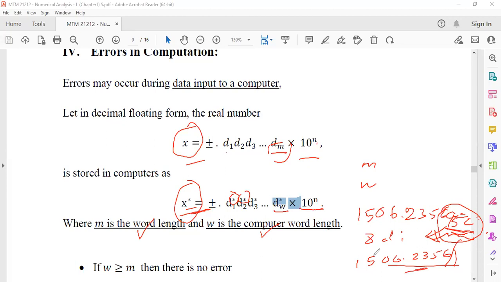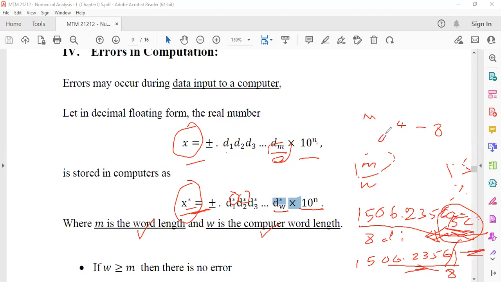That's why here w and m, m is up to m. For example, let's say 15 digits, but the computer has only 8 digits, so 7 digits are remaining. Maybe sometimes m may be, for example, 4 and the computer may be 8.